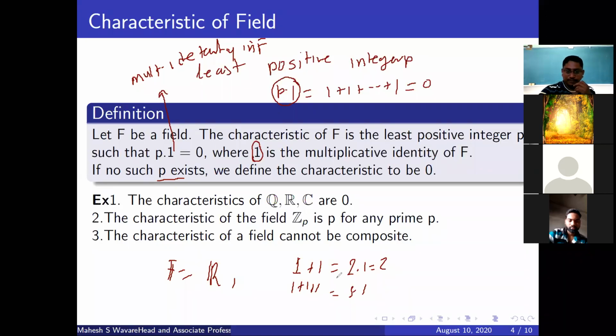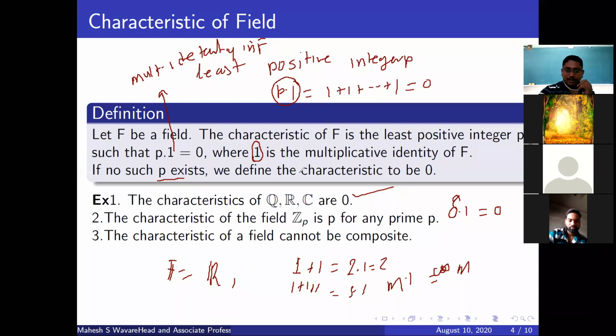It is impossible here because it is the real numbers. If you keep on adding 1 a very large or infinite number of times, you will never get 0. In such a case, the characteristic is said to be 0. We never say the characteristic is infinity. If adding 1 some number of times gives 0, that is the characteristic; otherwise it is 0. So in that sense, 0 is called the characteristic of the real numbers.